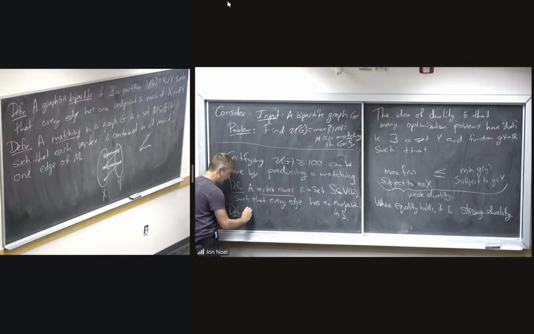And let's say tau of G is the minimum size of a vertex cover.